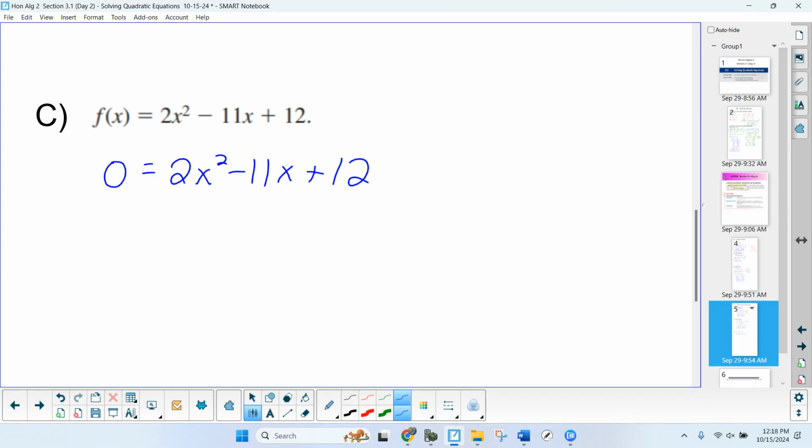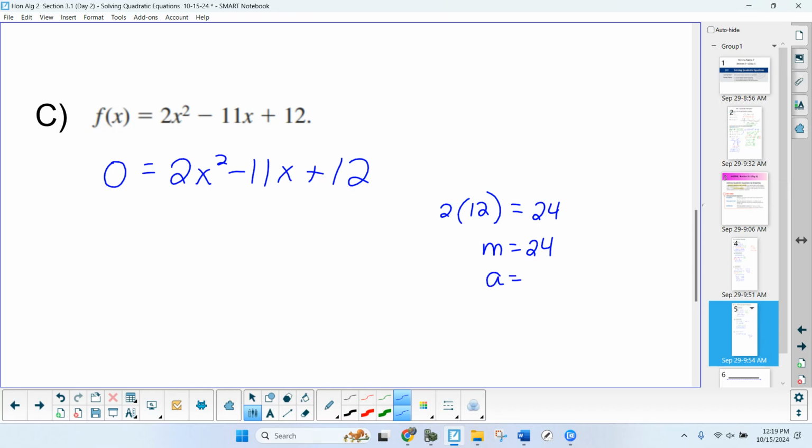Okay, what are we going to do to solve this one? I picked Julian. What are you going to do? So you're going to set f of x to 0. Okay. And then you're going to do 2 times 12 to get 24, and that's what you need to multiply to.